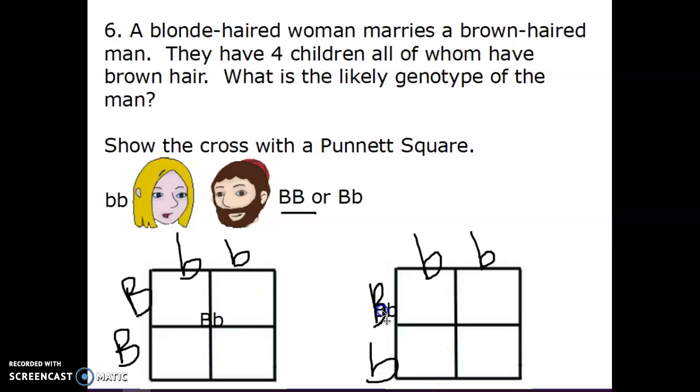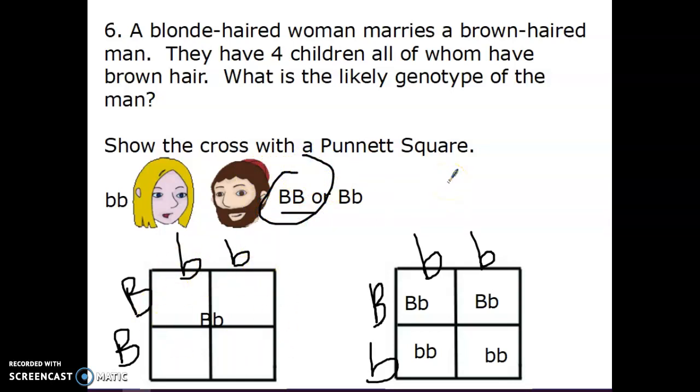Okay, but since the dad has the dominant gene and the recessive gene, we end up with a 50-50 split. Okay, so since the question said they have 4 children, all of whom have brown hair, then we have to assume that the dad has the homozygous dominant genotype, since all of the children would be brown-headed.